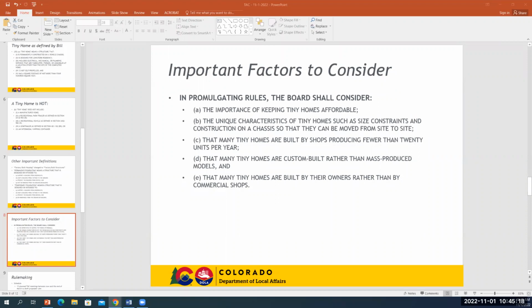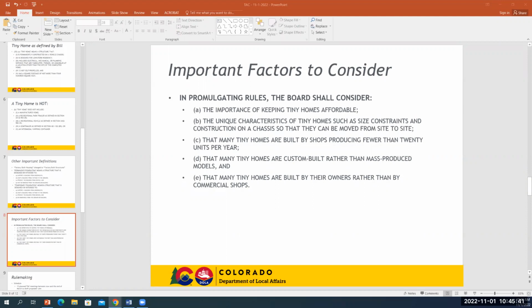I just want to mention, for those of you that don't know about our industry, a lot of times we're really trying to hold ourselves accountable to building to NFPA 1192 from an RV code for our RVs that are getting certified. We're also getting inspected for ANSI 119.5, which is RV park model code, right?